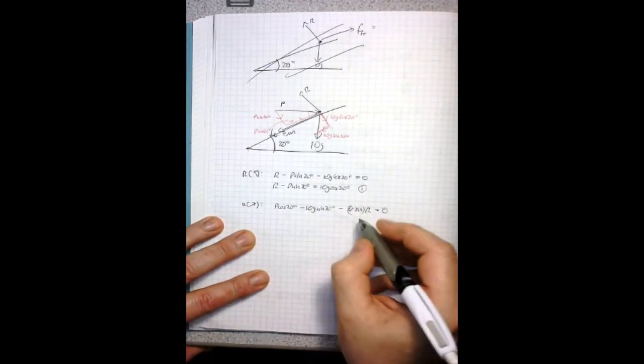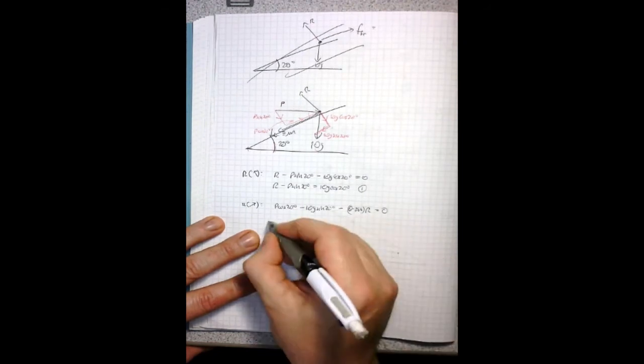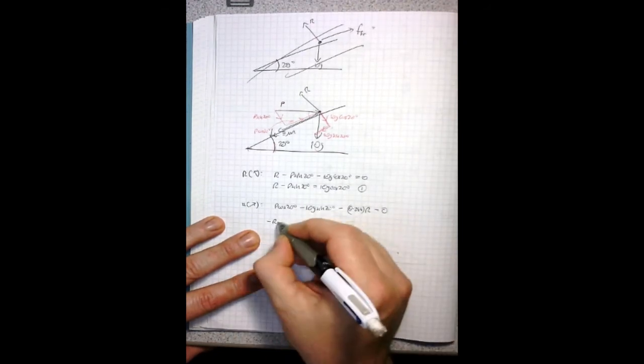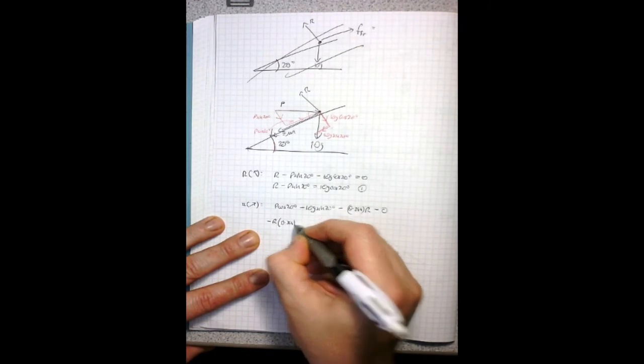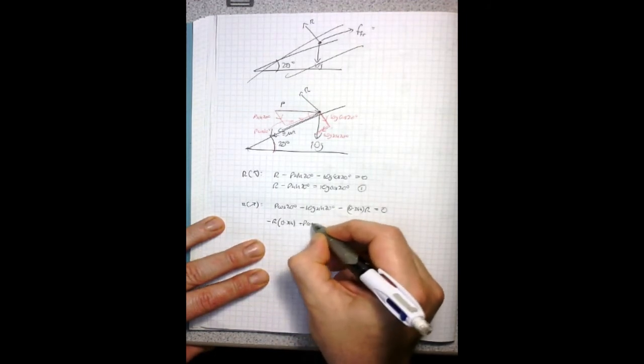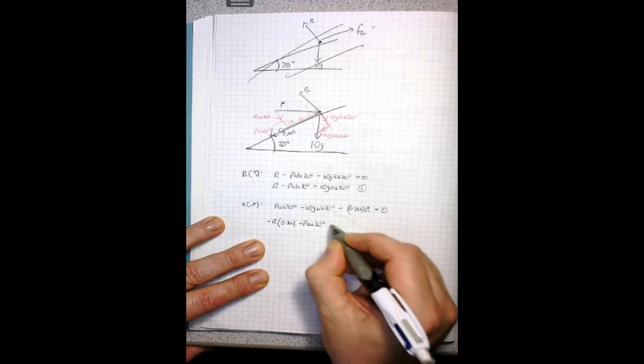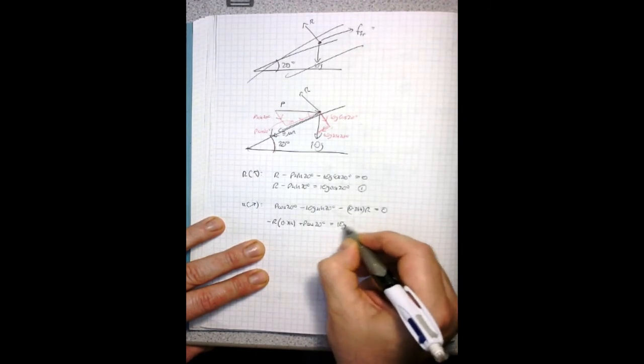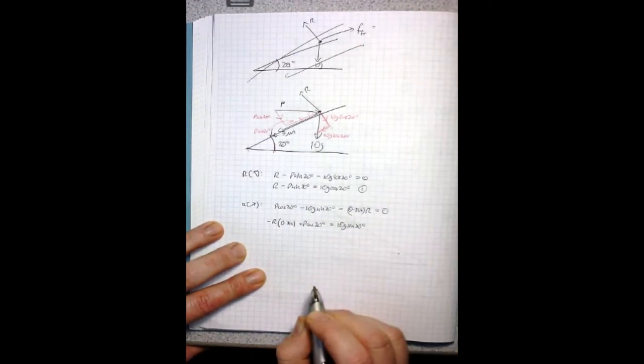Let's put this into the form that the calculator likes. Minus R times 0.364 plus P cos 20 equals 10g sine 20.